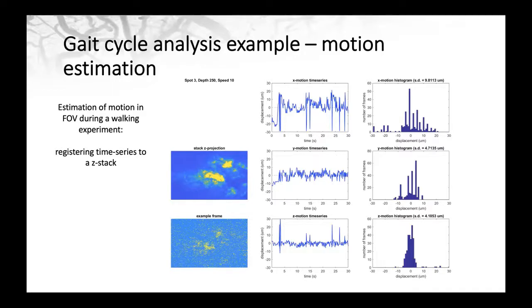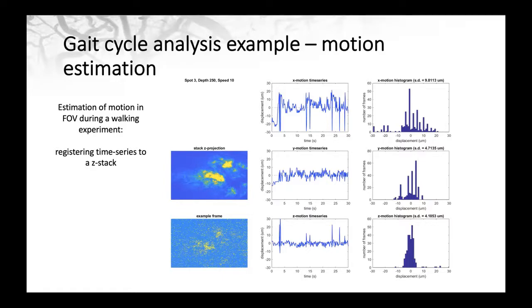With the Gait Cycle Analysis, one other thing that's pretty obvious is: what sort of motion artifact do you see when the mouse is locomoting on the treadmill?